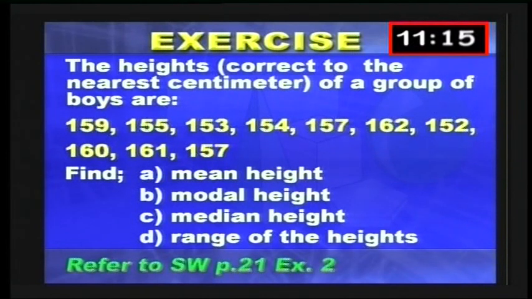Now what you're going to do is find A, the mean height, B, the modal height, that's the mode, C, median height, and D, range of the heights. Receiving students and 7Os, I'd like you to complete your exercise. Your teachers will come around and mark your work.